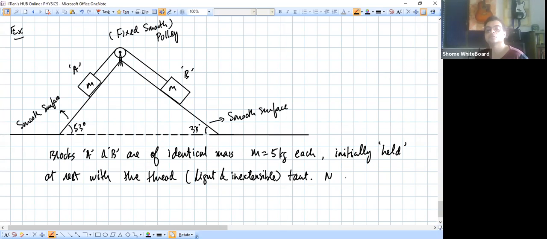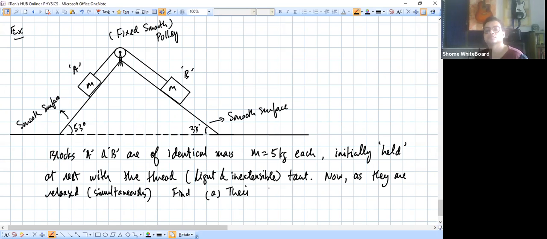So now, as they are released simultaneously, find their accelerations and the tension in the thread.